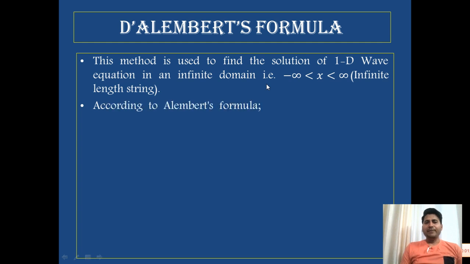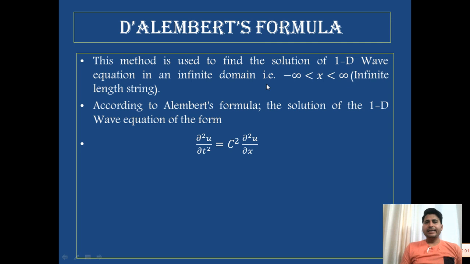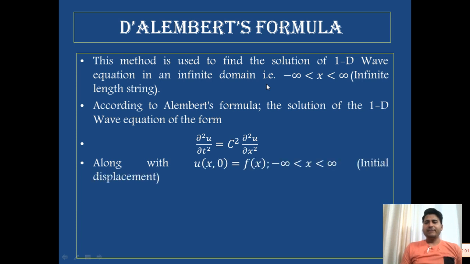According to D'Alembert's formula, the solution of the one-dimensional wave equation, which is written as del 2u over del t square equals c square into del 2u over del x square, along with the conditions u(x,0) equals f(x), which is known as the initial displacement, and u_t(x,0) equals g(x), which is known as the initial velocity.